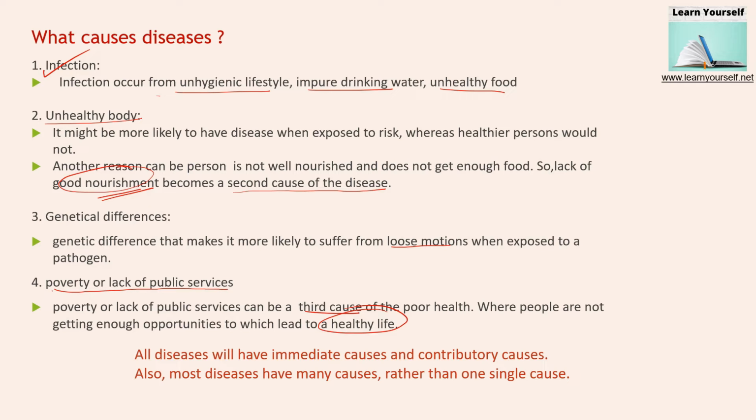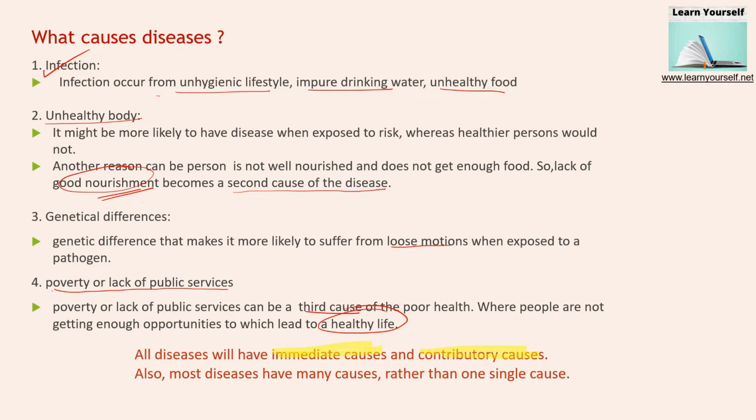All diseases will have an immediate cause and a contributory cause. Immediate cause means if you had some unhealthy food, it gave you vomiting and diarrhea. So that will be an immediate cause. But dirty water, an unhygienic lifestyle or unhygienic surroundings will be a contributory cause to that infection.